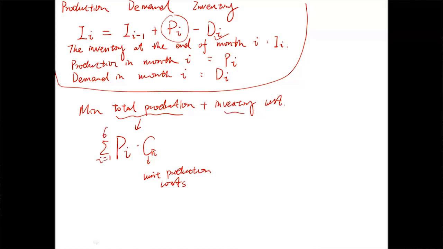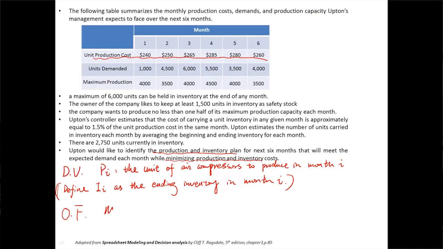And this part would be the inventory cost. We do have the cost of inventory in the same table again. They calculate the cost of inventory in any given month as approximately 1.5% of the unit production cost.